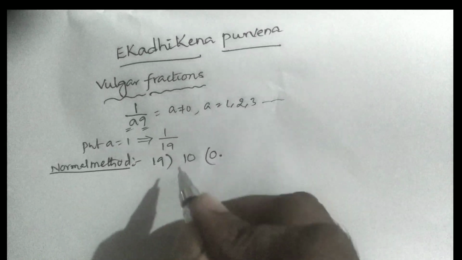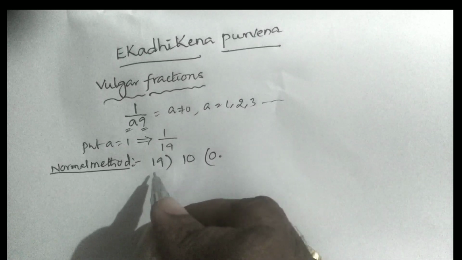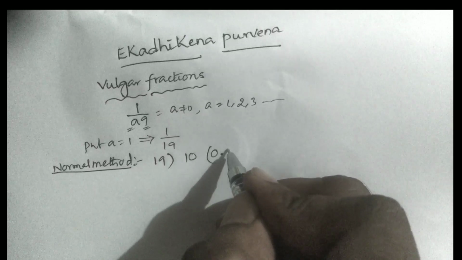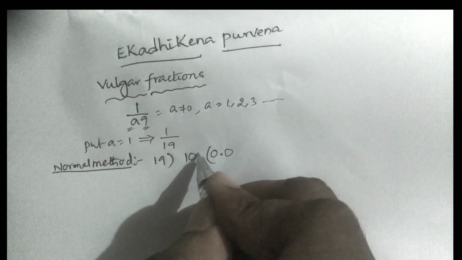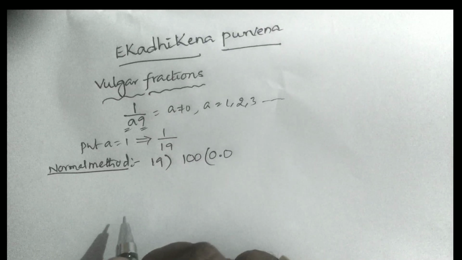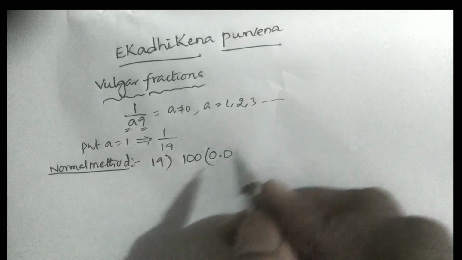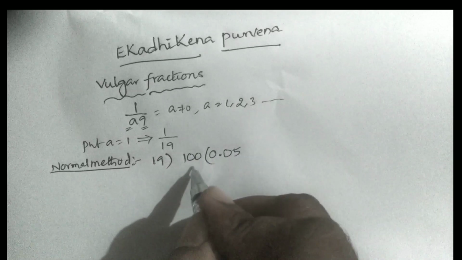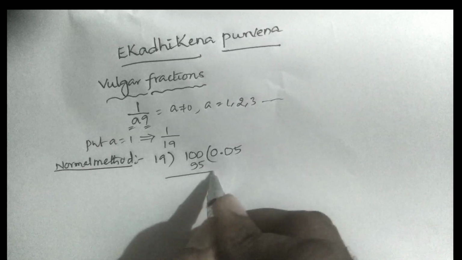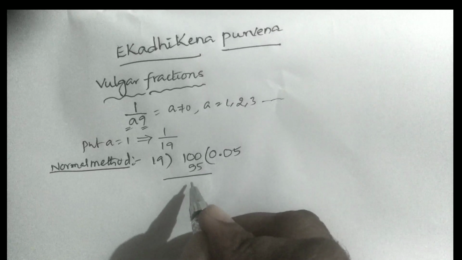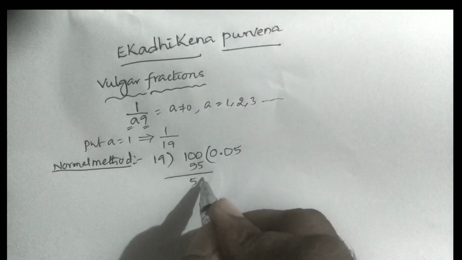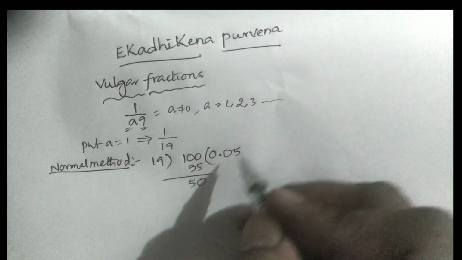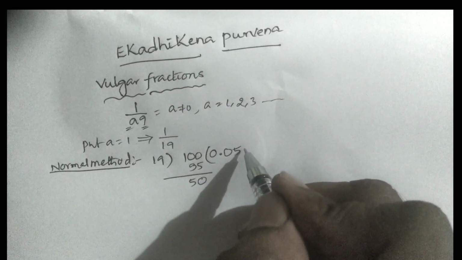So take 0 at the dividend, that is 10. 10 is also smaller than 19, take one more 0, it becomes 100. 19 5s are 95. Subtracting, we get 5, so take 0, now it becomes 50.